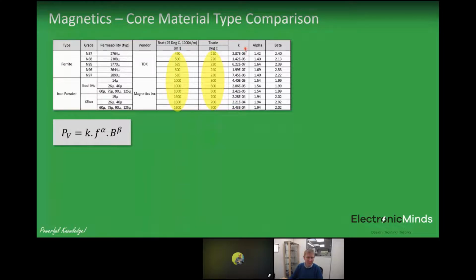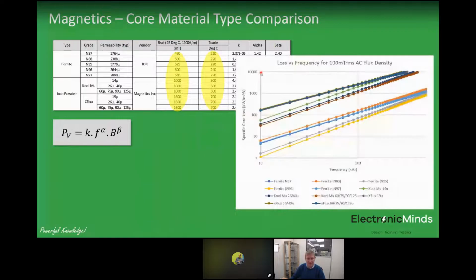I worked out for the Steinmetz equation what the values of K, alpha, and beta would be, and I normalized the B peak versus B RMS to make sure it's a true like-for-like comparison. Then I plotted out, for 100 milliteslas RMS AC flux density, what the specific core loss for those materials would be as a function of frequency, going from 10 kilohertz up to 500 kilohertz max.